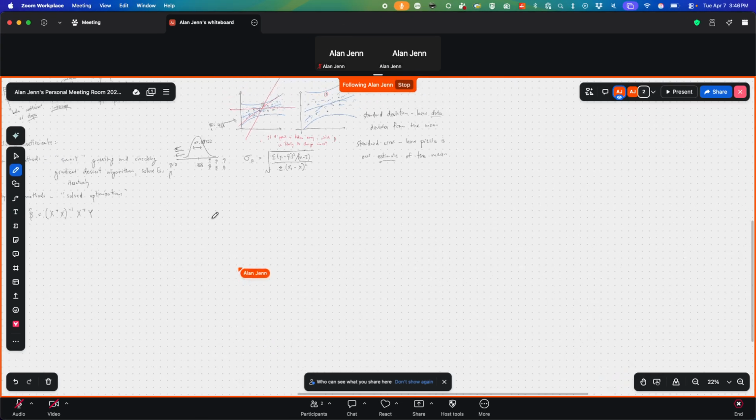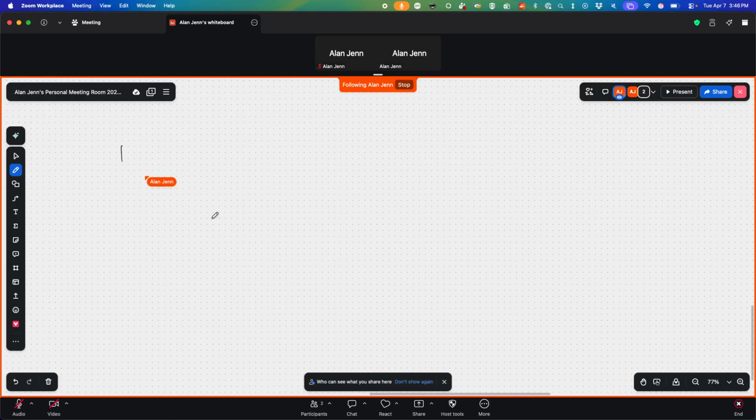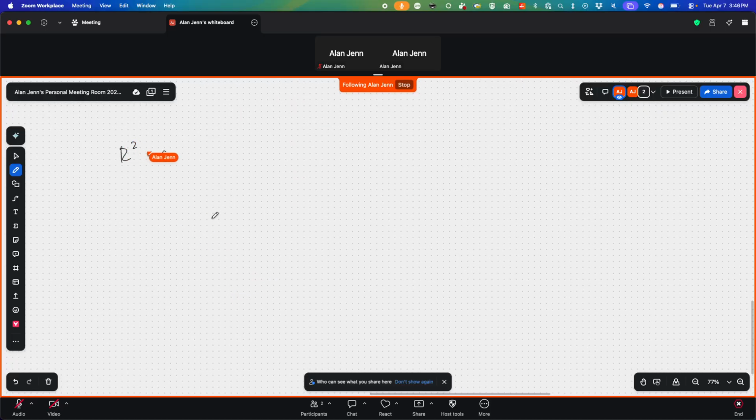What is the R-squared? R-squared is equal to the coefficient of determination. This is how much variation is captured by the model.